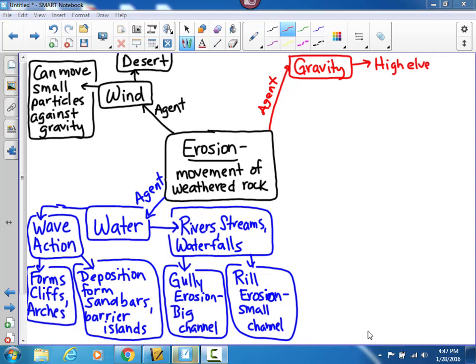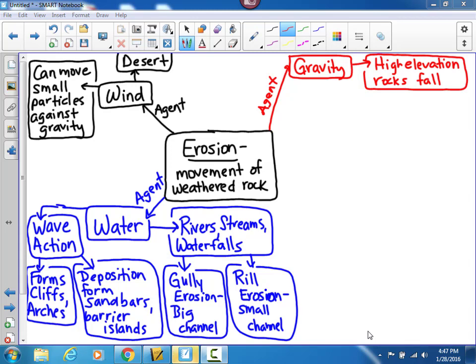I'm having trouble with my spelling today. High elevation rocks can fall.